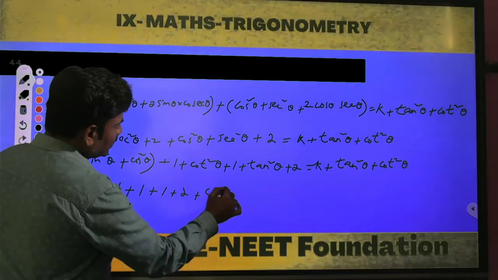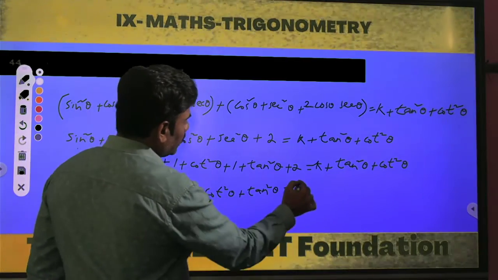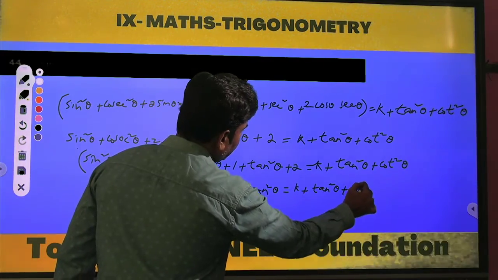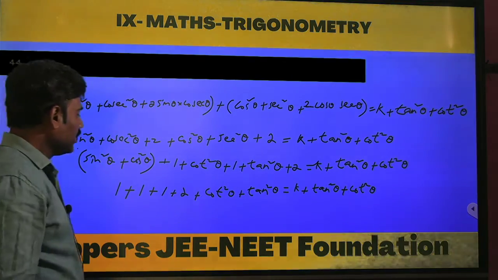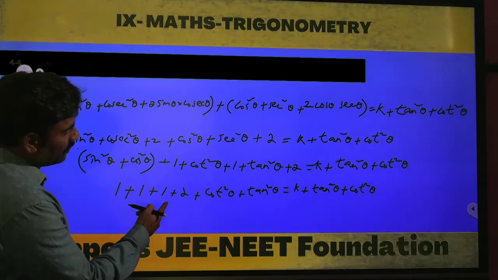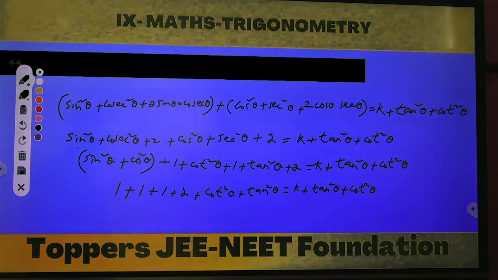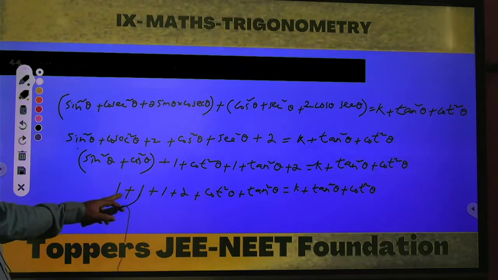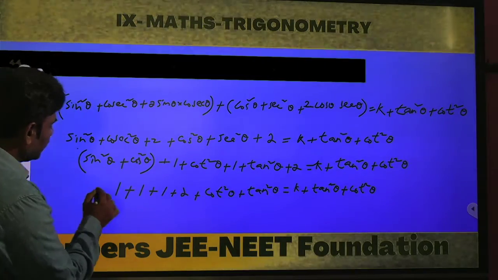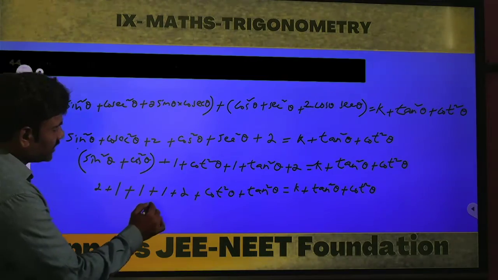Remaining is cot square theta plus tan square theta. 1 plus 1 plus 1 plus 2, finally we get 7.